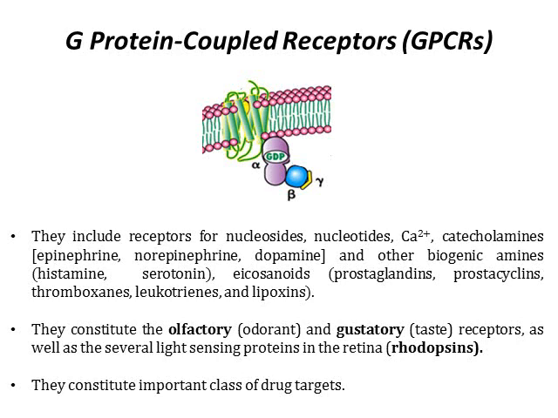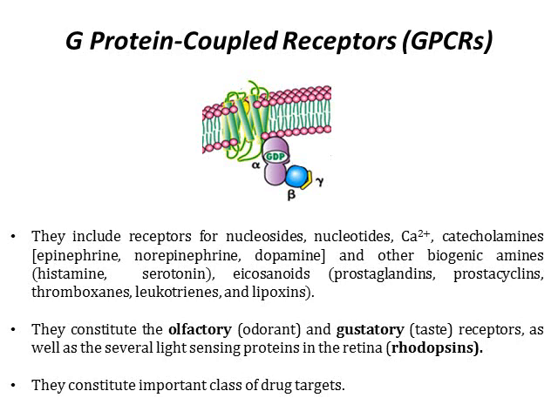Well, the nucleosides, nucleotides, calcium, the catecholamines like epinephrine, norepinephrine, dopamine, and other biogenic amines like histamine, serotonin, and the eicosanoids, mediators of inflammation like the prostaglandin, prostacyclin, thromboxane, leukotrienes, and lipoxins, which are derivatives of the fatty acid arachidonic acid, bind to this type of receptors known as the GPCRs.